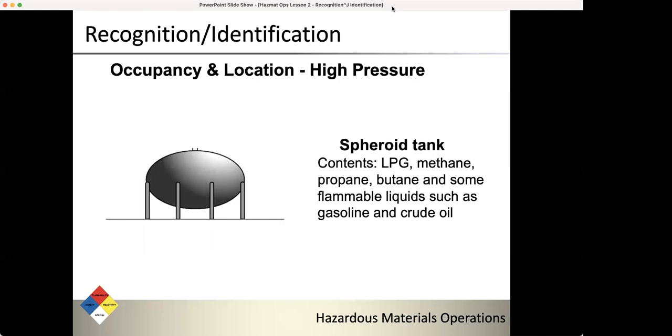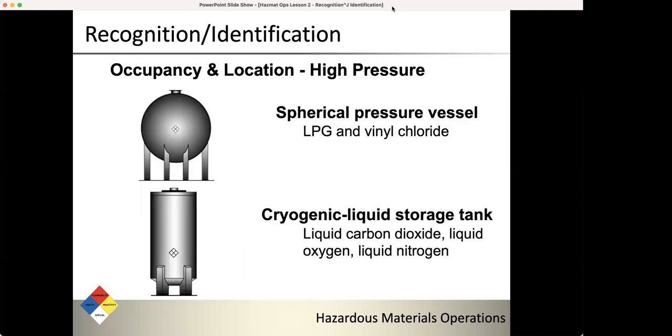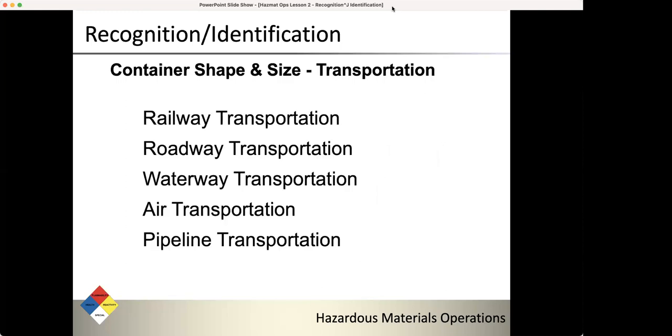There's a spheroid tank, shaped like a sphere. Spherical. And then cryogenic. Not so much flammable as just cold. We'll talk about that later.